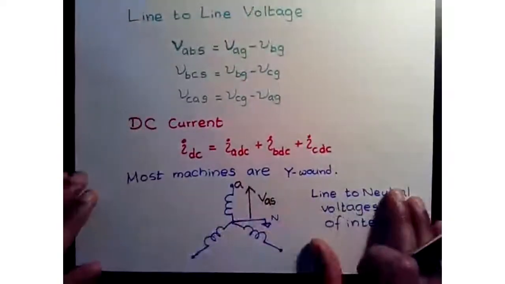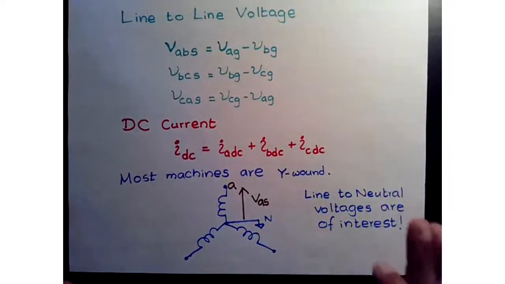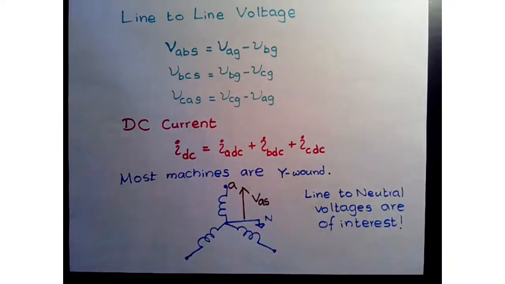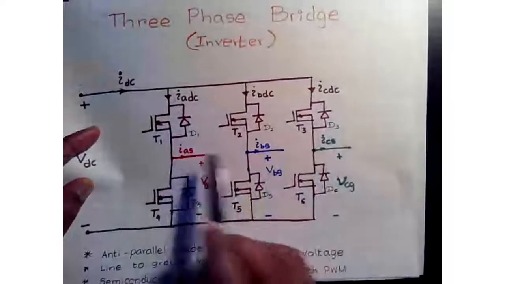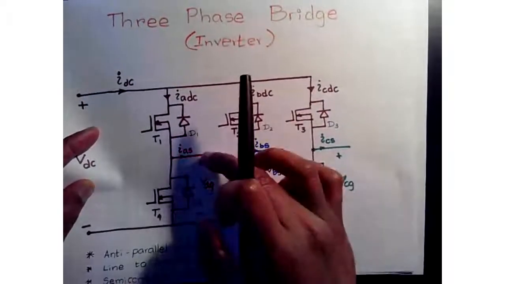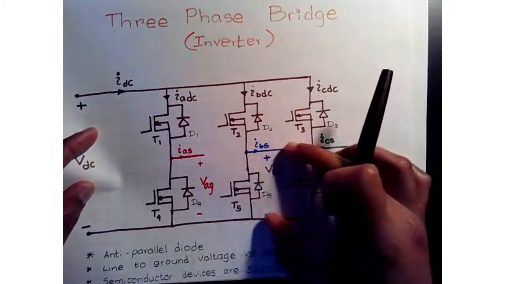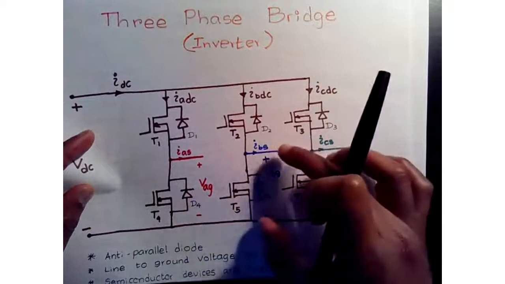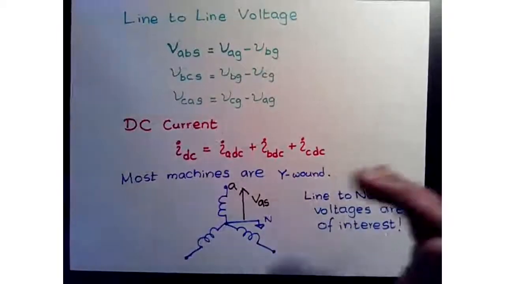All right. Okay, so now we need to think of the line-to-line voltage. If you go back to our inverter, line-to-line voltage is basically the voltage difference here, right? VAG minus VBG, that's the line-to-line voltage, and then you can consider B to C or C to A. That's what we call the line-to-line voltage.